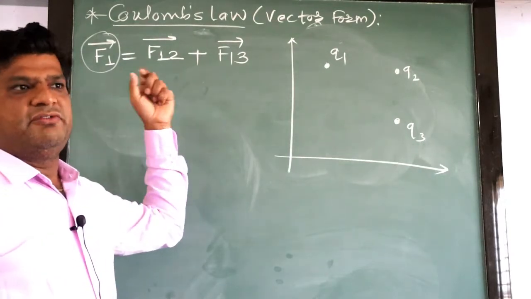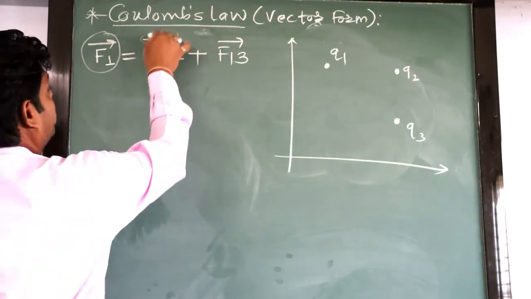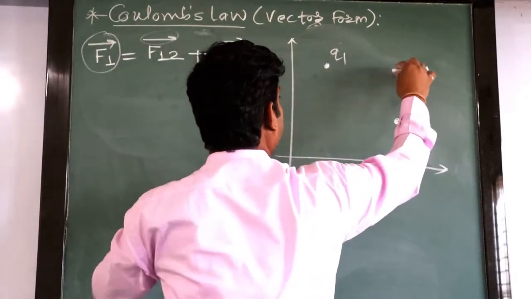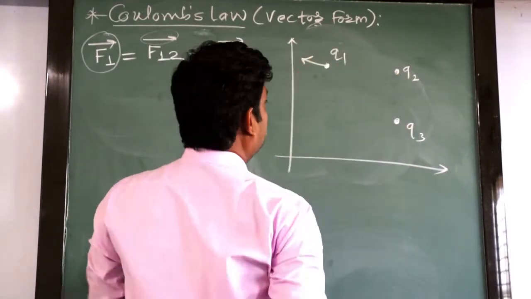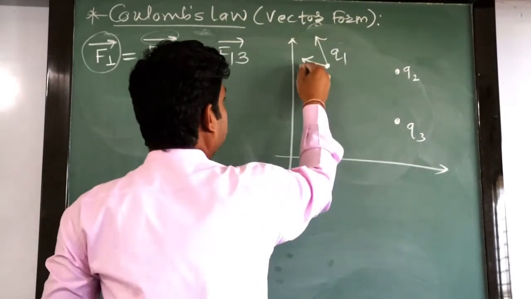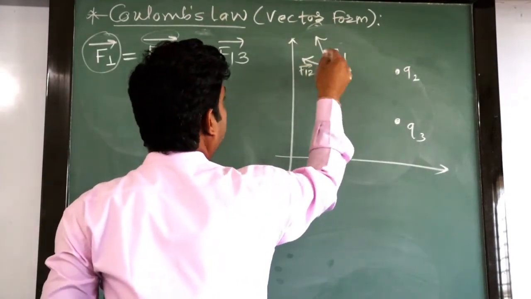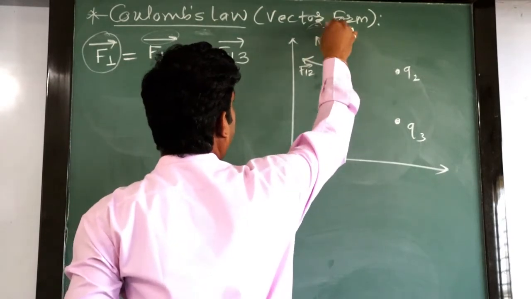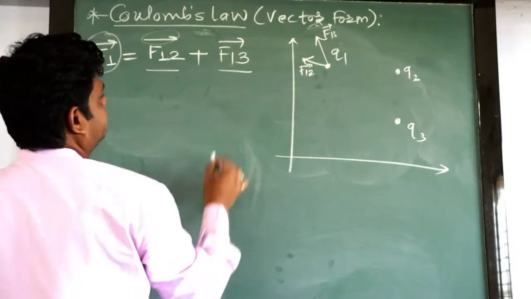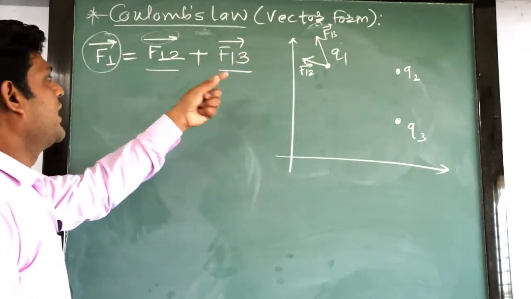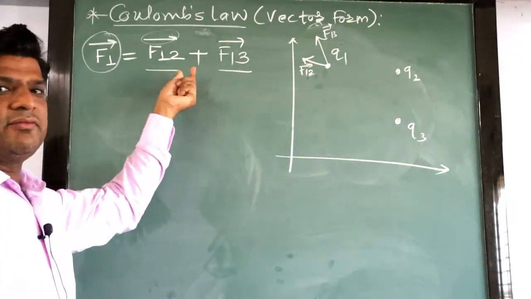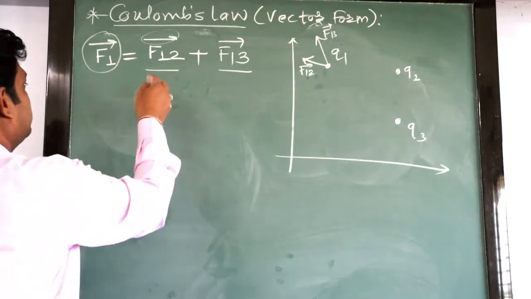In this principle we can say that it is the vector addition of individual forces. Force acting on 1 due to 2 will be directed like this. Force acting on 1 due to 3 will be directed like this. So this is the vector addition of individual forces. F12 and F13 are the individual forces, and we are adding them vectorially.